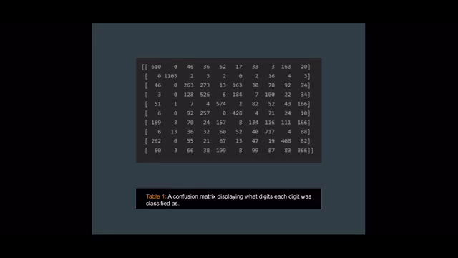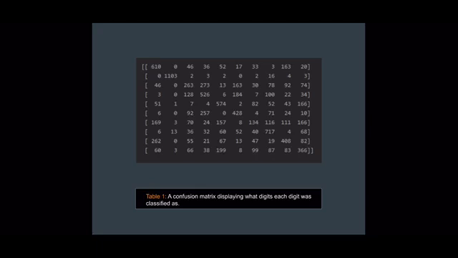Next, we created a confusion matrix, which shows how many times each number was classified correctly and how many times it was classified as another number. The vertical axis represents predicted classes, and the horizontal axis represents actual classes.